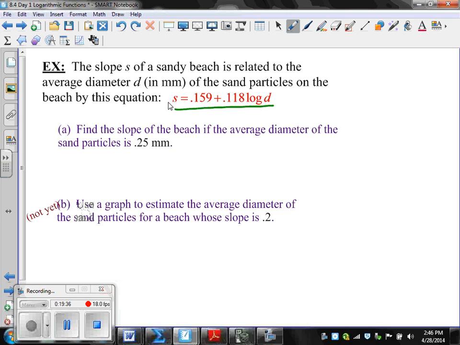Well, I'm just going to substitute in directly, right? My slope is going to be 0.159 plus 0.118 times the log of 0.25. Well, I can't do that by hand. I'm going to go to the calculator.